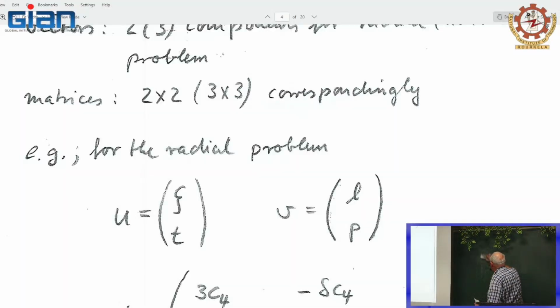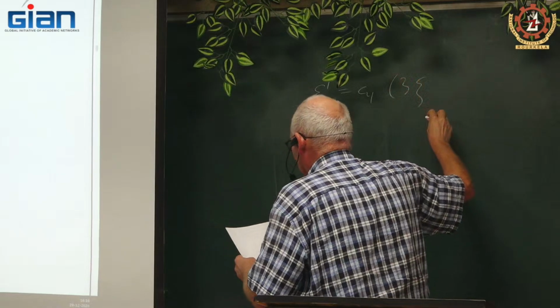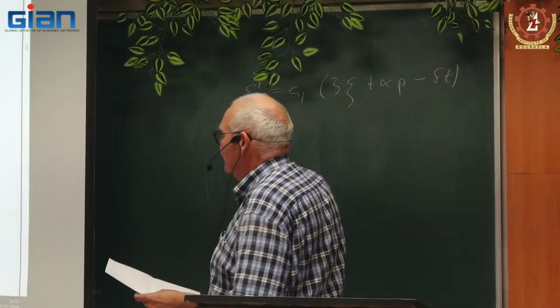To convince you, I write down here the first 2 equations of the radial problem. We had zeta dash is C4 times 3 zeta, first equation, and the second one for t dash.